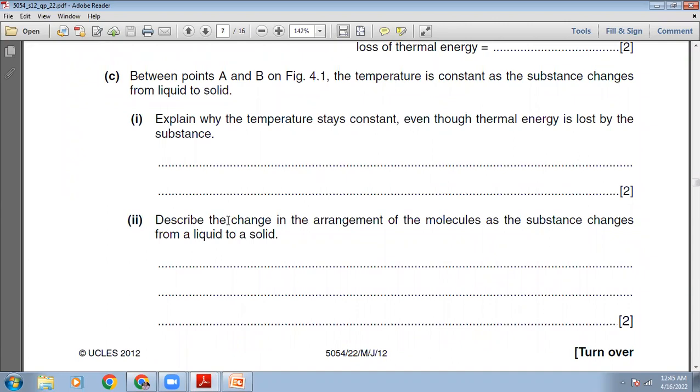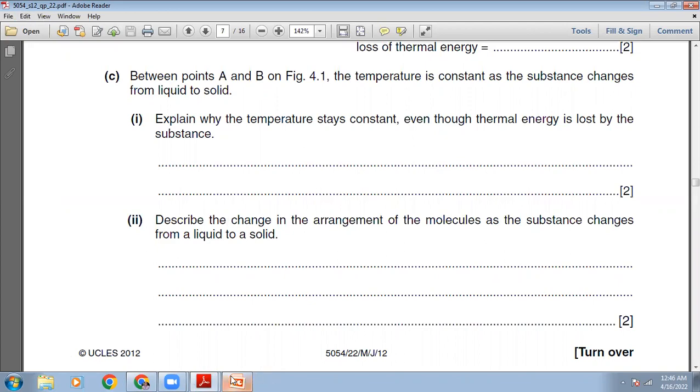Between the point A and the B on the figure 4.1, the temperature is constant as the substance changes from liquid to solid. Explain why the temperature stays constant even though the thermal energy is lost by the substance. You see, the substance is losing its specific latent heat of fusion, and the new bonds are being made, and the speed of the particles has not changed.